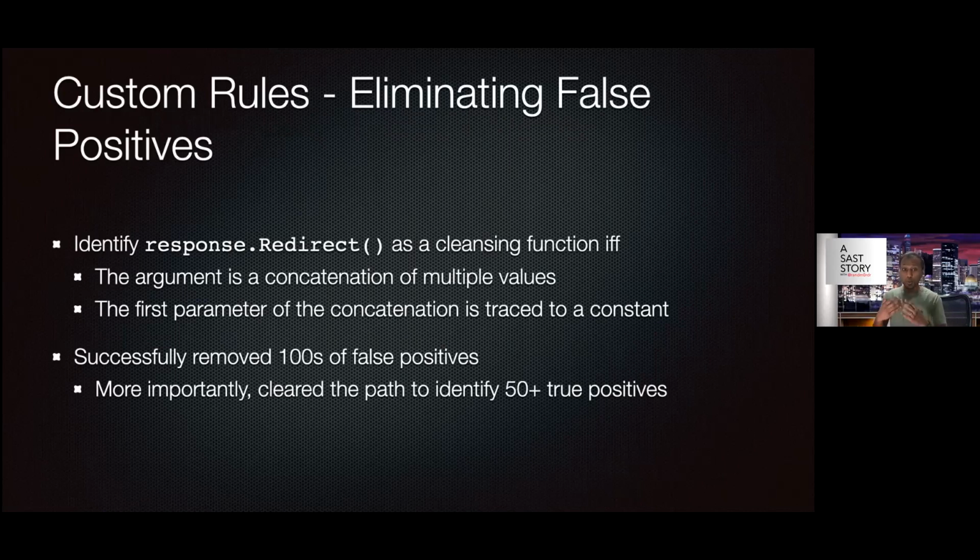Now, I'm really oversimplifying this. There can be more nuances added here. You could be looking for the exact variable of that constant that's being ingrained in there. You could be looking for a type to say that that is actually a string. You can even look for exact values of what you're looking for.